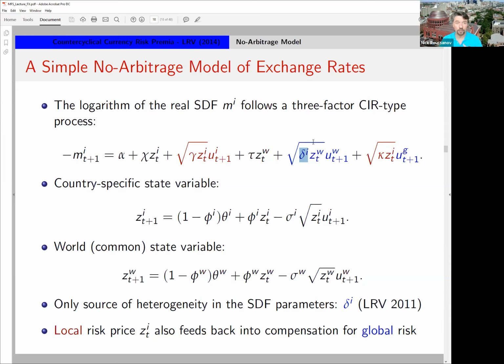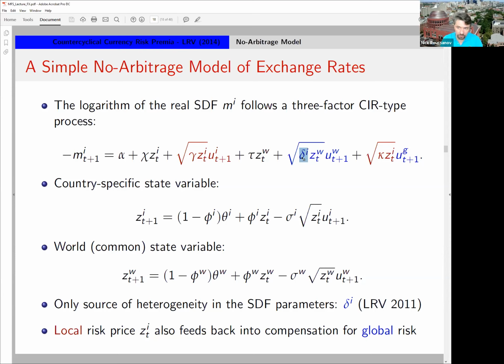And on the flip side, countries that have the least exposure to global shocks might be safe from the standpoint of their marginal utility. Their currencies will be risky because they will be appreciating at good times and depreciating in bad times.